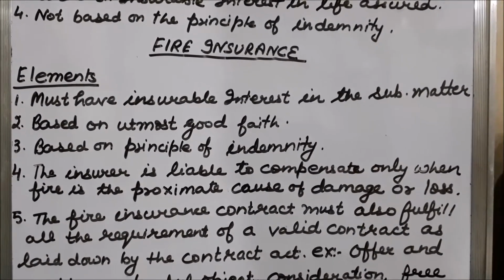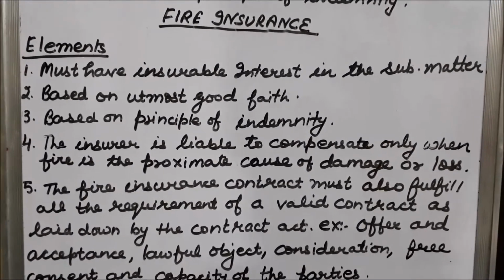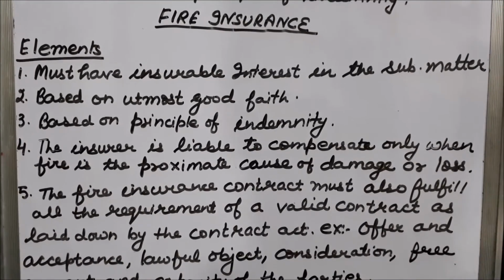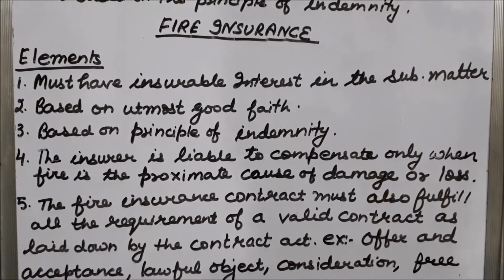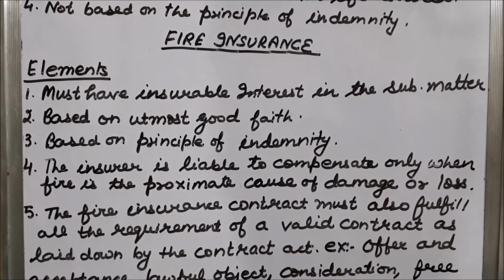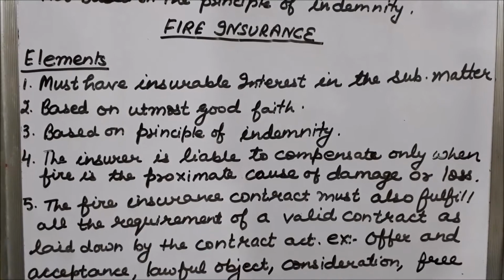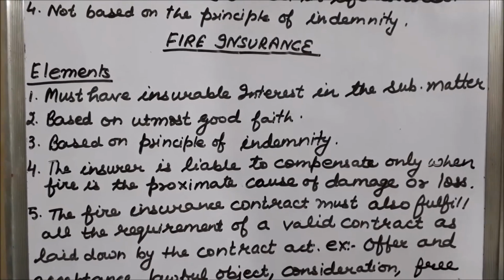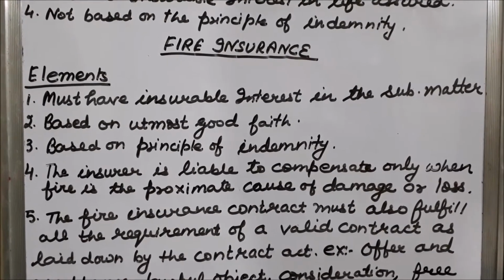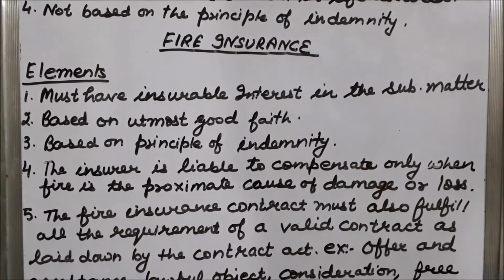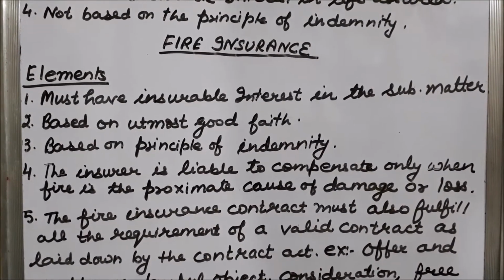He must have economic interest in the property for which he is taking insurance. And that insurable interest must be present at both times, at the time of taking the policy as well as at the time of maturity of the policy. Means at the time of occurrence of fire also he must have interest in the property.